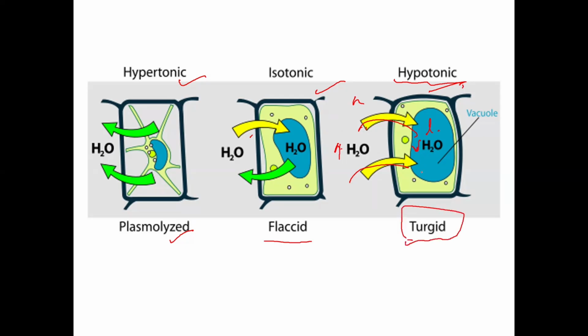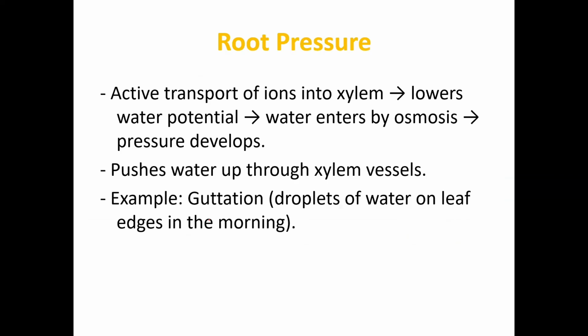Why turgid? Because water applies pressure on the cell wall, that is the reason for turgor pressure. This is hypertonic, where you can see the amount of H2O in the cell is very high. This will lead to loss of water from high to low and the cell is going to shrink or plasmolyze.